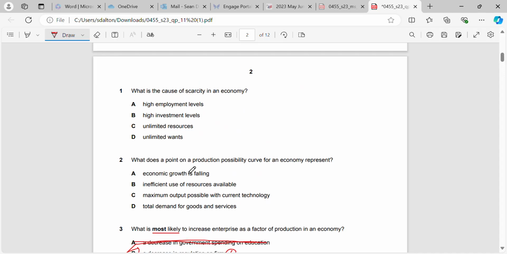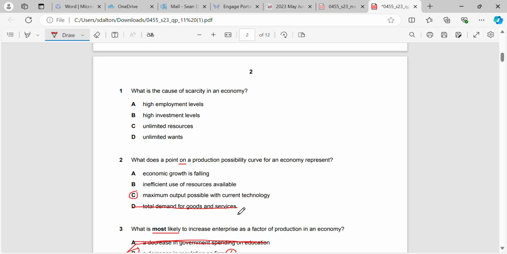Okay, question 2, what does a point on a PPC curve represent? It represents maximum output possible with current technology. A PPC represents a maximum of 2 different types of goods with the maximum amount of resources that we can use. So what does that include?